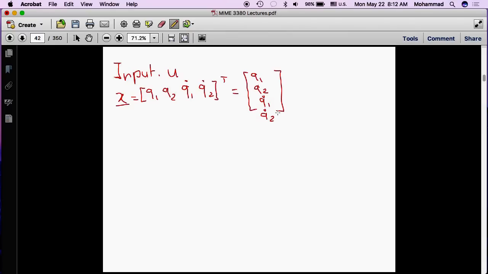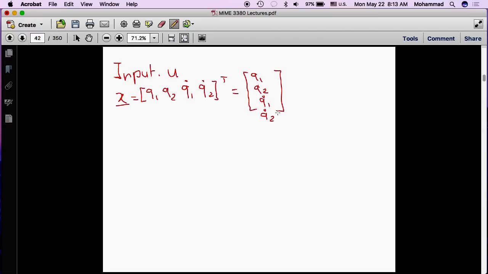Now we need to talk about the output. Which one or ones of these state variables could be our output? As soon as you say output, essentially you're saying, what do I care about? Do I care about Q1, Q1 dot, Q2, or Q2 dot?